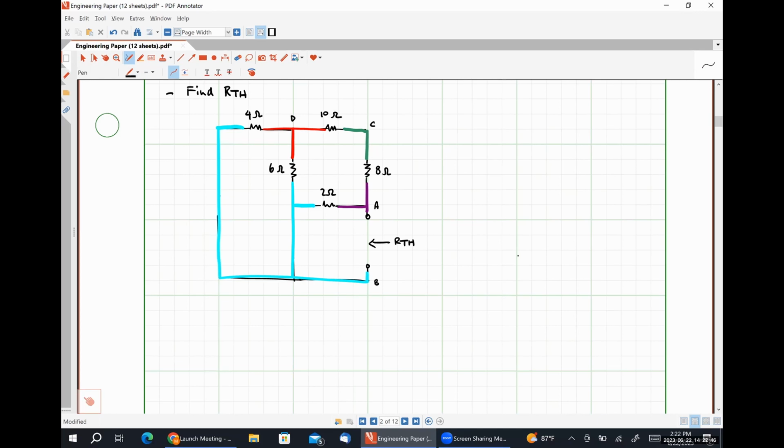So putting A on the left-hand side of my screen and putting B on the right side of my screen. From A to B, I can go through the 2 ohm resistor.